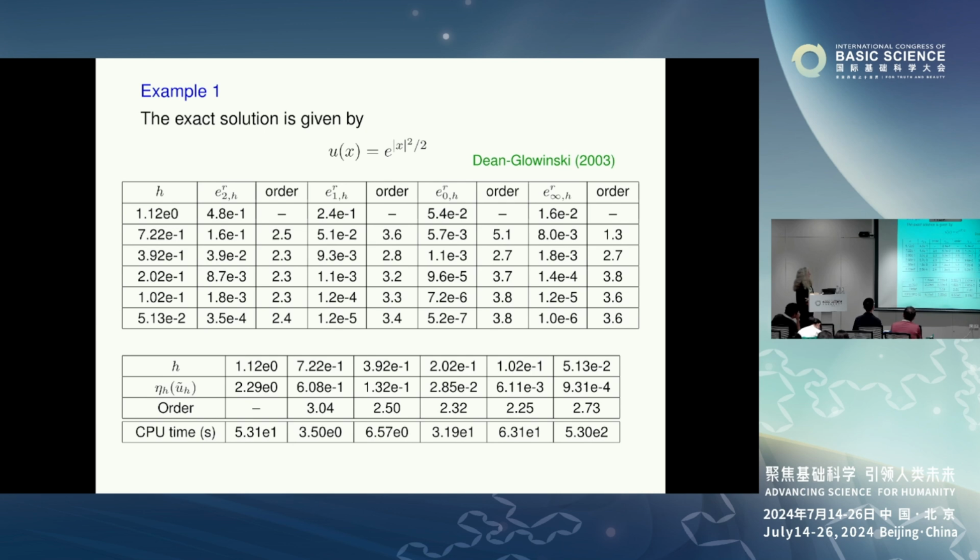These are our results. In less than 7 seconds, we have computed a good approximate solution. And we observe the reliability of our error estimator. And we also observe second order convergence for the error in the H norm and also for the error estimator.